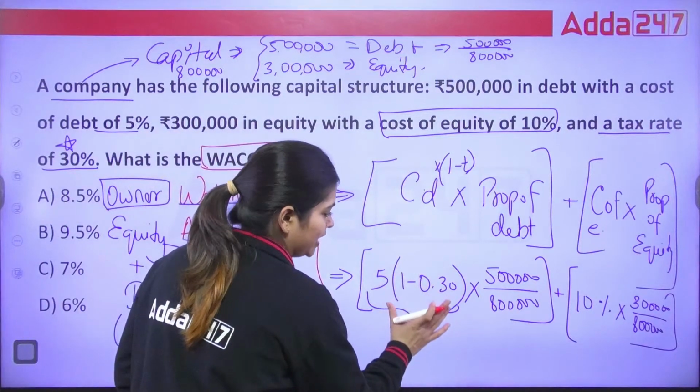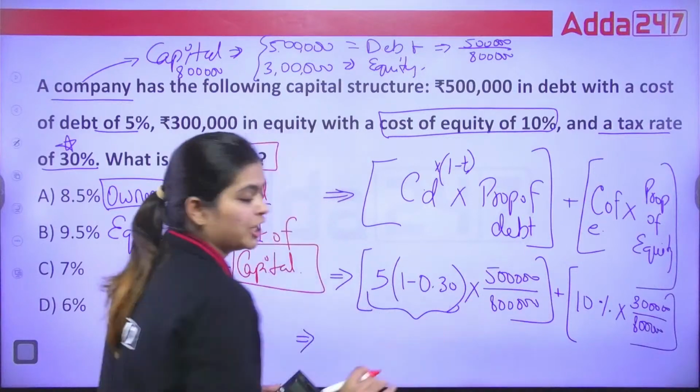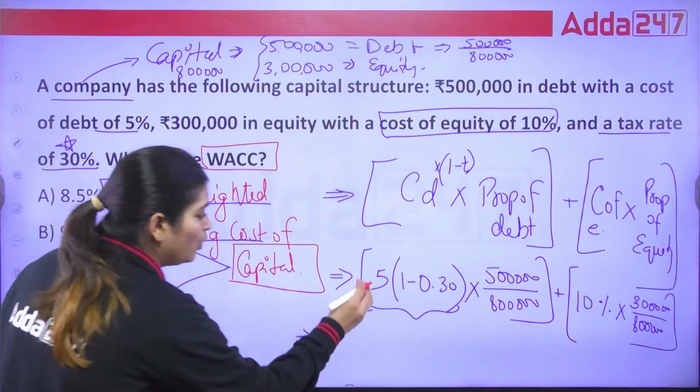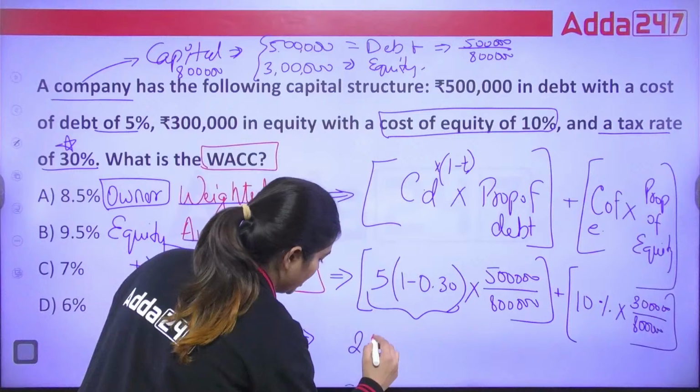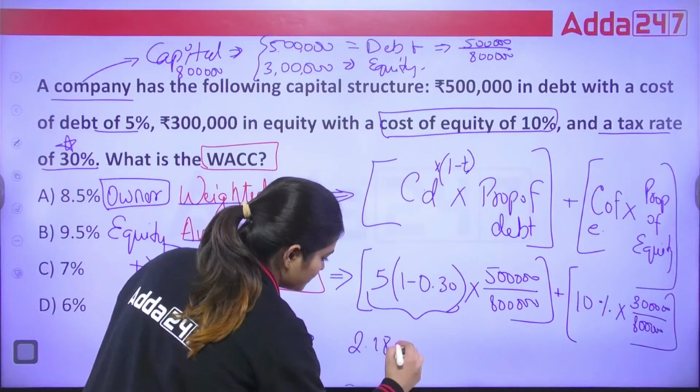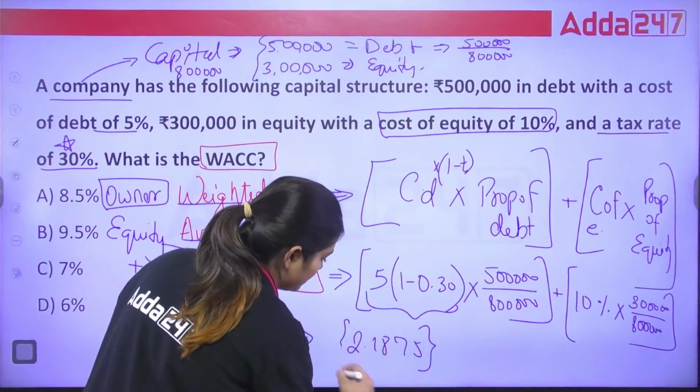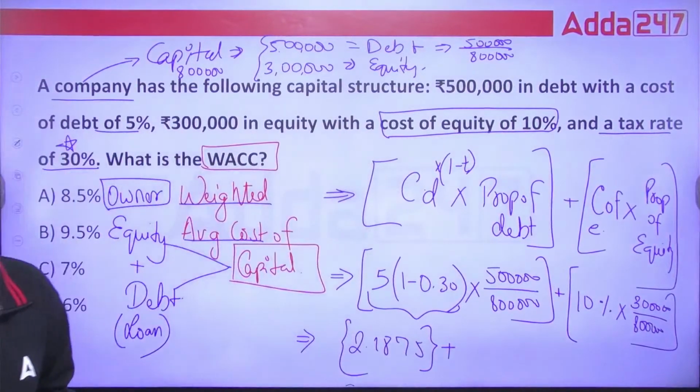Whatever answer you get, you need to multiply with 5 lakh divided by 8 lakh. So the overall amount of this bracket will be 2.1875. This is the amount you are going to get after solving this bracket.